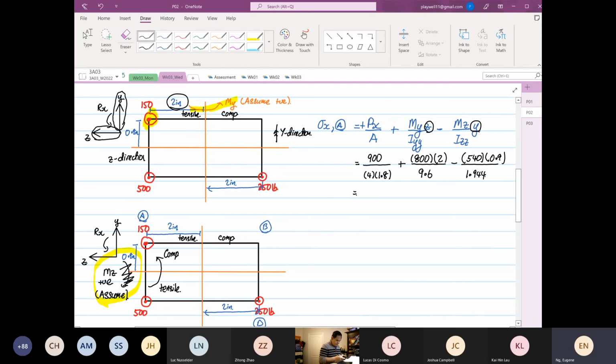So 900 divided by 4 times 1.8 is 125, plus 800 times 2 divided by 9.6, 166.667, and then minus 540 times 0.9 divided by 1.944, which is 250. So it's equal to 125 plus 166.667 minus 250, which is 41.667 psi.